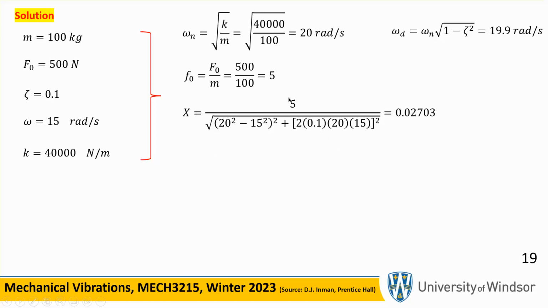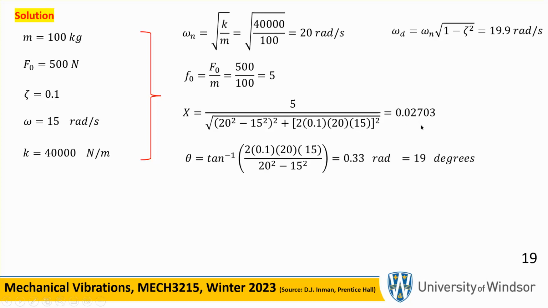Little f naught on the top, which is 5, divided by square root of omega squared minus omega n squared, quantity squared, plus 2 xi omega omega n, and that's the number. And theta is that phase angle that is asked us to find. Just look at the formula, it's tan inverse of 2 xi omega omega n, divided by omega squared minus omega n squared. And work it out, it's 0.33 radian.